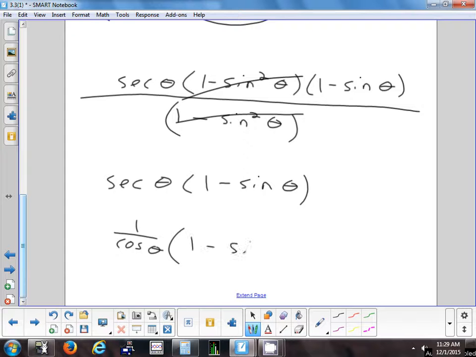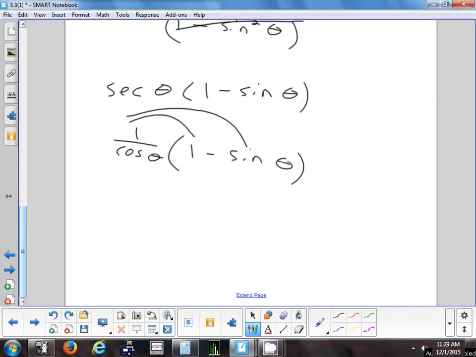times 1 minus sine. And now, what property would I have to use to get rid of this on the outside? It's distributive. Okay, so multiply it out, and let's see if something cancels. If it does, that's good. If it doesn't, then we'll go back and leave it the way we had it. Okay, so we have 1 divided by cosine times 1.